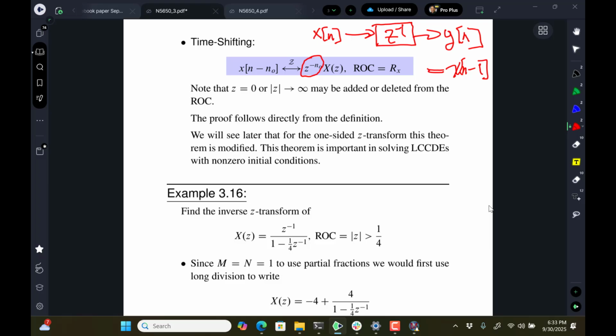That's one of the cool things to think about with delaying any sequence. You're effectively just multiplying it by z to the minus n-naught, and that moves it to having all negative powers of z, or if it backs up, it's going to have mixed positive and negative, or backs up further, all positive. So any expression will have that kind of behavior due to the z to the minus n-naught.